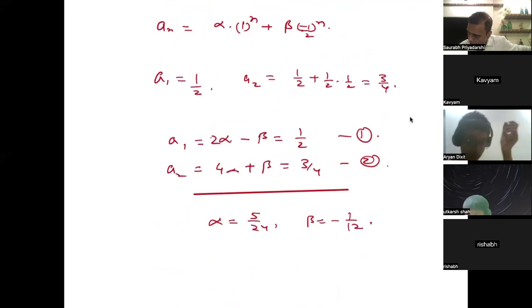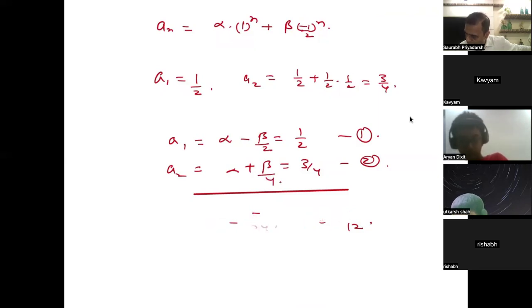So what I'm getting in this? If n is equal to 1, alpha plus beta by 2, and n is equal to 2, alpha plus beta by 4. Once again, you have to do the calculation. Get the value of alpha and beta.